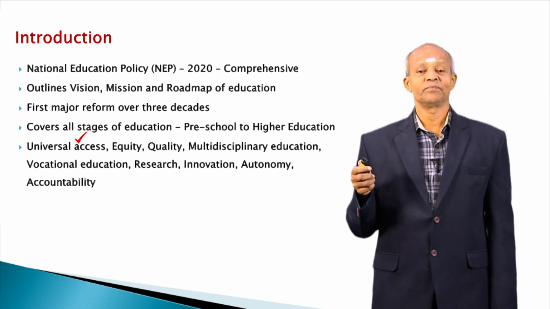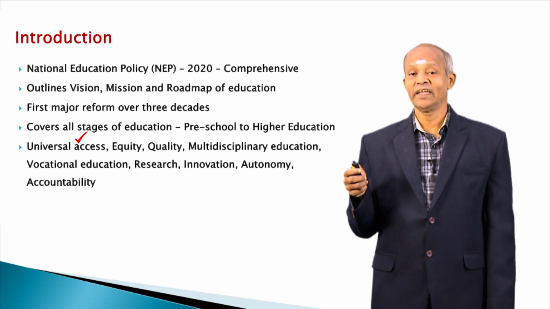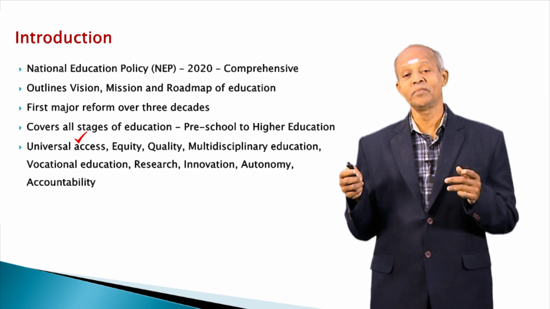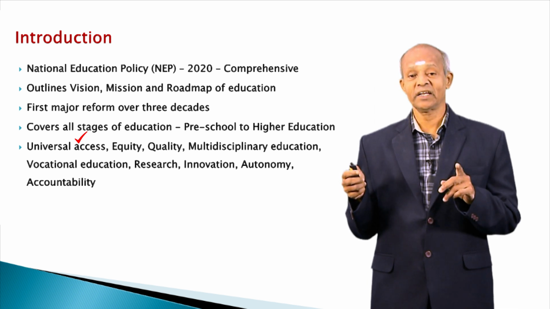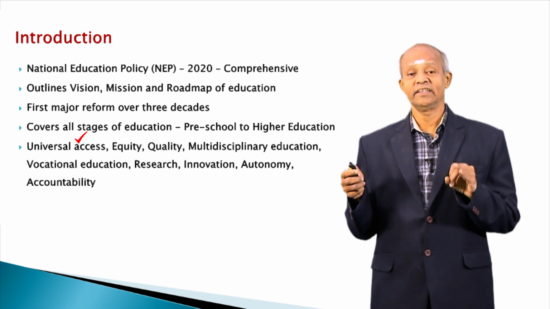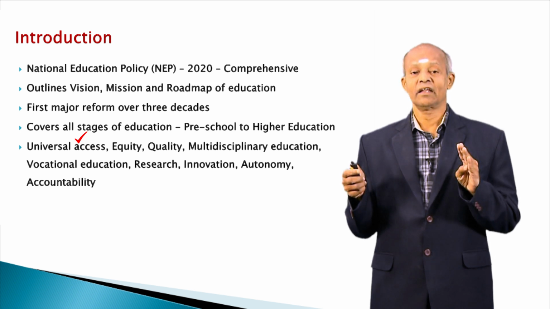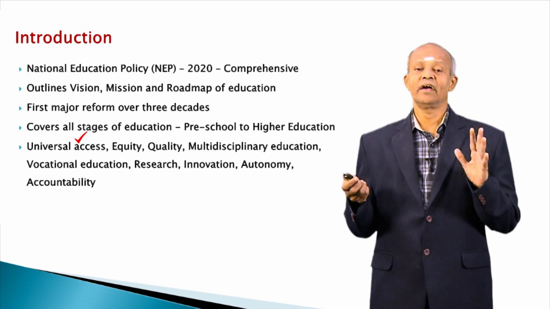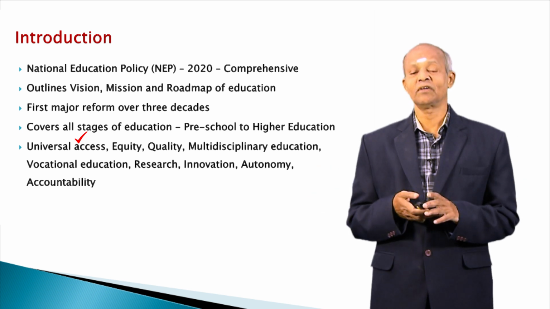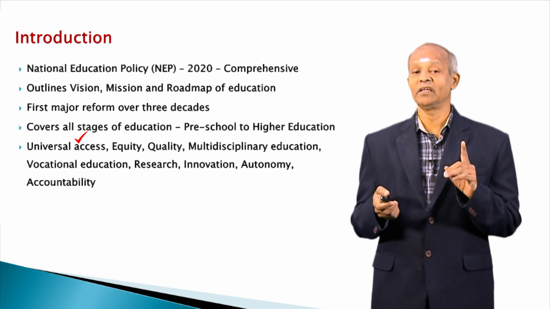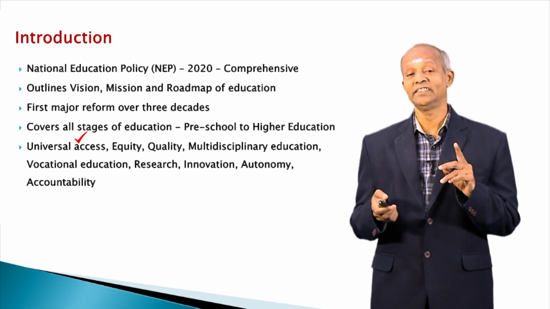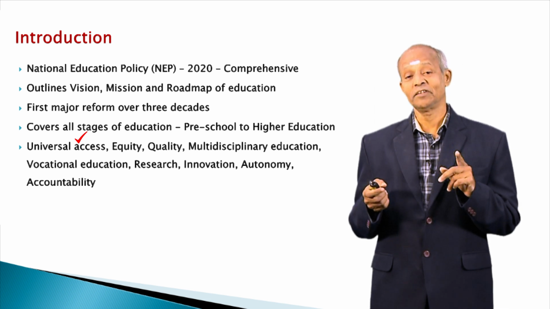Universal access, that means education to all the people irrespective of their age, gender, rural urban disparity, or handicapped or any other kind of disadvantaged people. So, you can imagine what a mammoth task it will be.